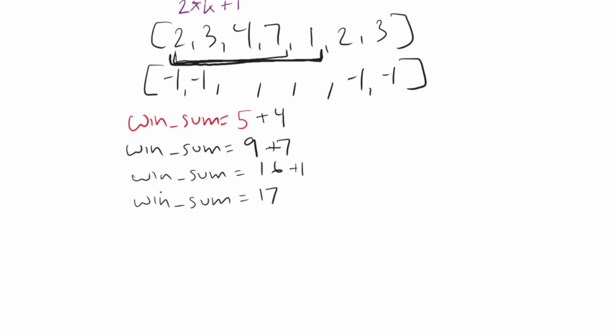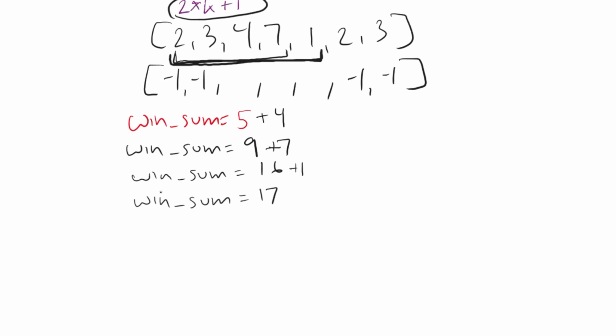And we also know where our center is going to be, because when we're processing the number at this index and we know that our window is of size 2 times k plus 1, the number we just processed is going to be at the edge of the window.